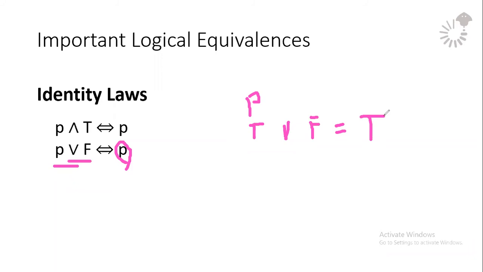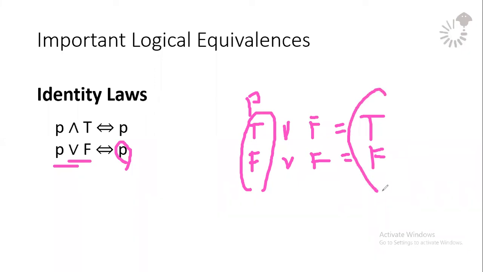True or false is true. If the value of the proposition is false, false or false, the answer is false. Whatever the value of the proposition in disjunction with false is, that is also the answer. Identity laws. Okay?